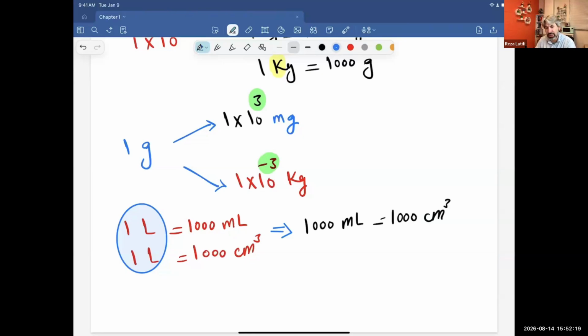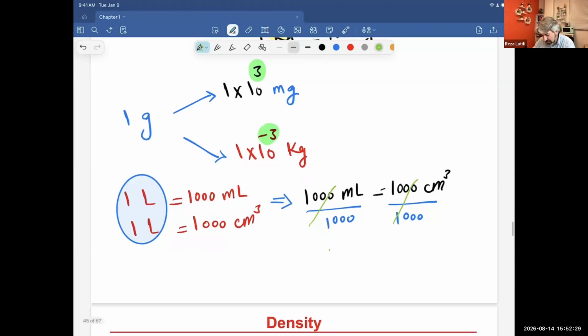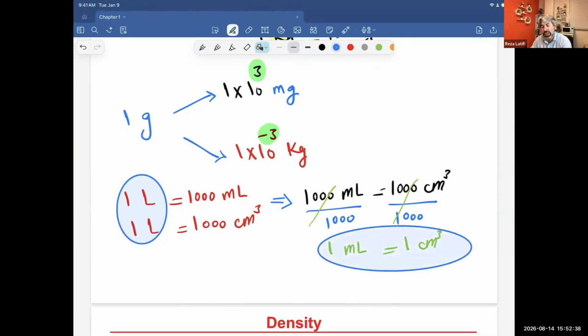Divide both sides by 1,000 and we get rid of the 1,000, and I get 1 milliliter equal to 1 cubic centimeter. That's going to help us a lot when we are handling a question about density.